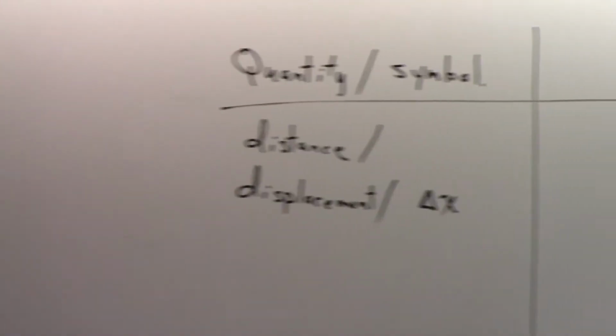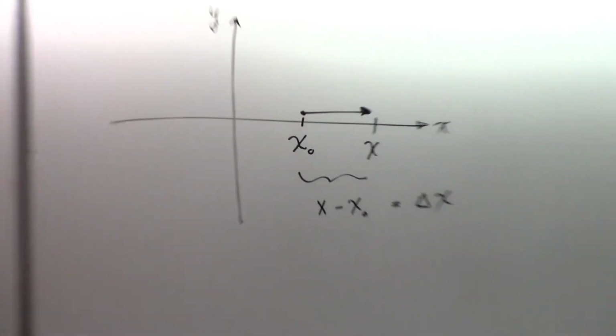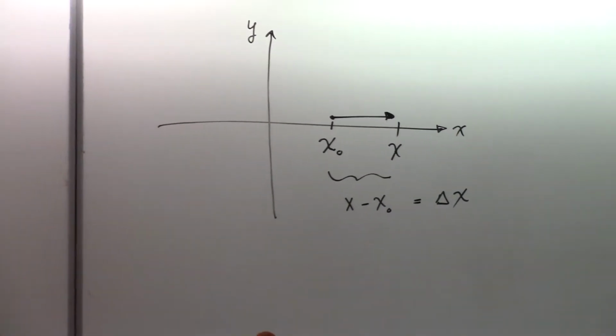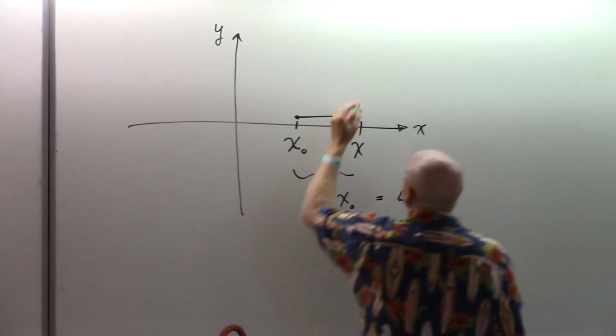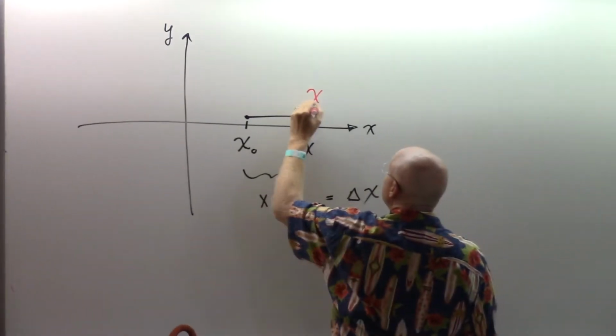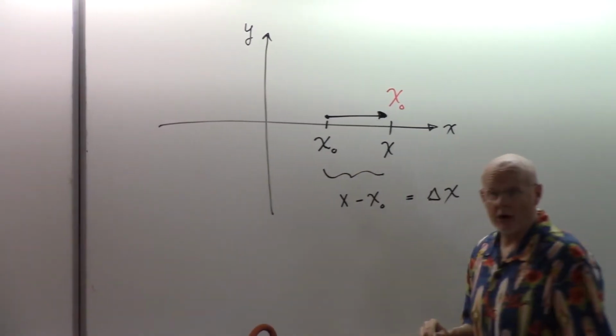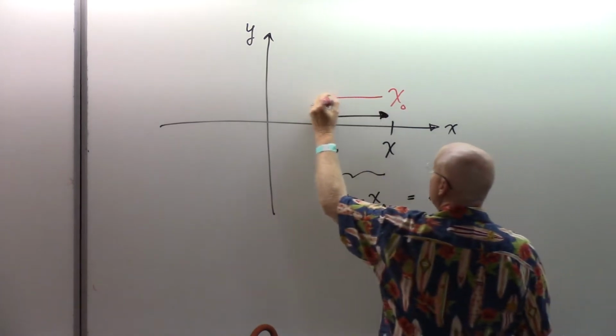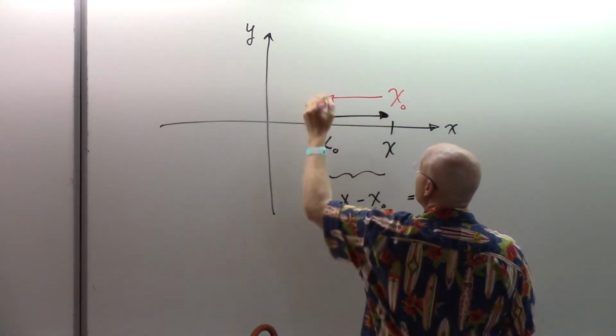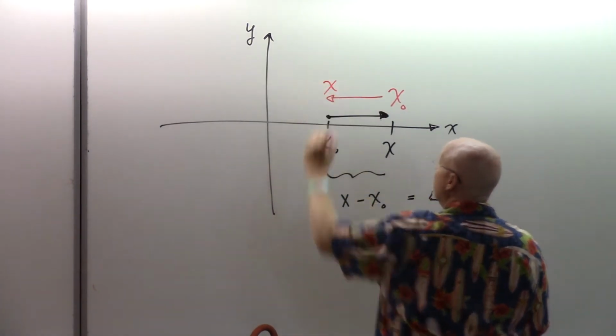Now, notice, by the way, if it had started here, so maybe in a different color, so let me call this x naught. Maybe it started here, but it moved the other direction. And so maybe a little bit later, it's now here.